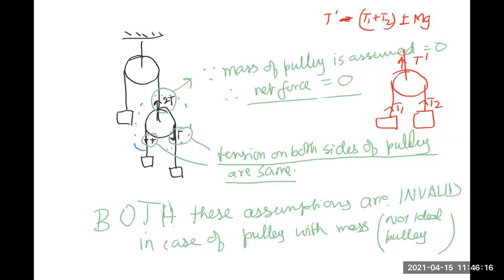T1 minus T dash minus mg is equal to m a. इस टाइप में कुछ है, right? So ये हमारे सामने कभी आएगा नहीं, but the point is that this thing will not work. ये 2T वाला जो concept था, अब ये काम नहीं करेगा. You cannot do this anymore.